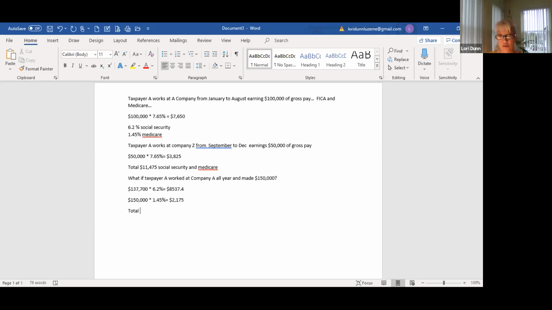So if they worked at company A, instead of switching jobs, the total Social Security and Medicare they would have paid on that same $150,000 would have been $10,712.40. Well, that's not fair. Because you switched jobs, you paid more money. That happens. That's the way the system is set up.